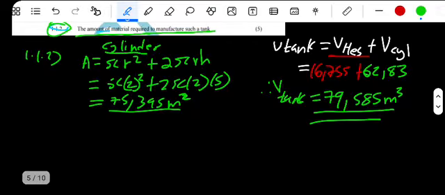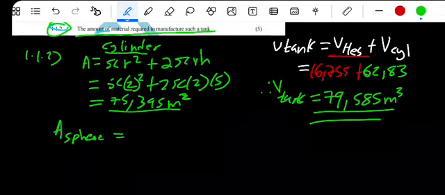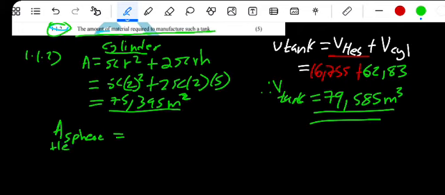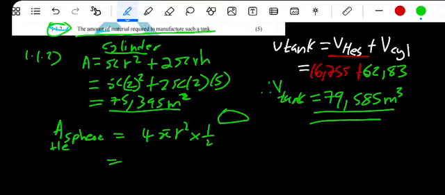Done. Let's find that of the hemisphere now. Originally we're supposed to have 4 pi r squared, but since it's a hemisphere, it's a half, not a full sphere, you multiply by 1 over 2 as always if you are given a half.